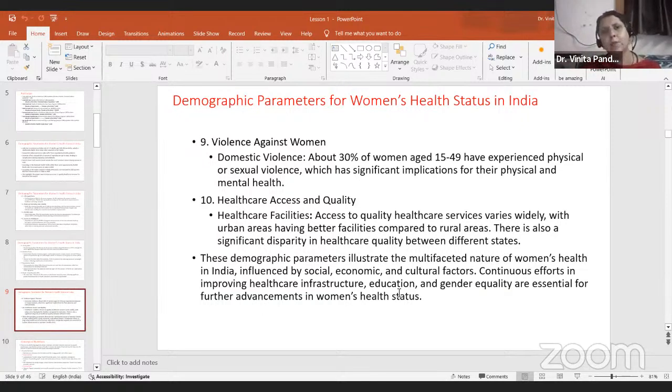Now, let us say in one instance she has very flexible access to healthcare, but the quality of the healthcare might not be good. So if the quality of healthcare is not appropriate, then addressing her health problems becomes again challenging. So access to healthcare and quality of healthcare both go hand in hand. This we have to remember.